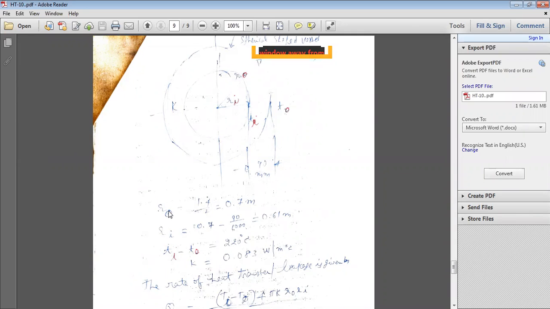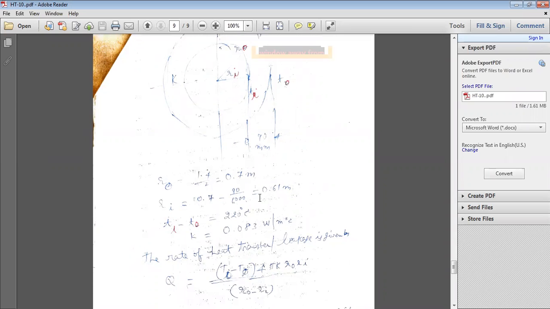What is the outside radius? Outside diameter is given as 1.4 meters, so the outside radius is 1.4 divided by 2, 0.7 meters. And if you know the outside radius, how do you calculate the inside radius?